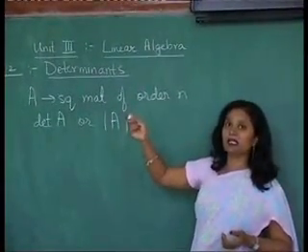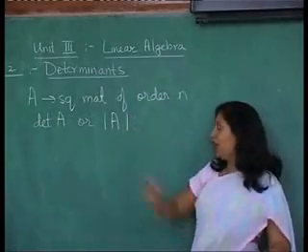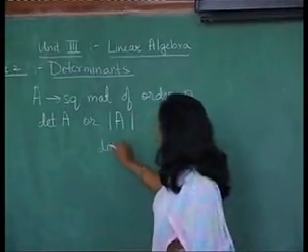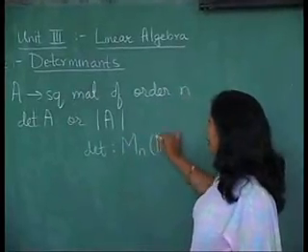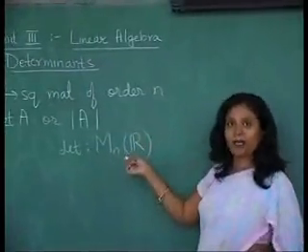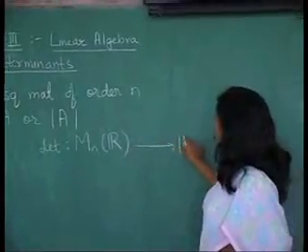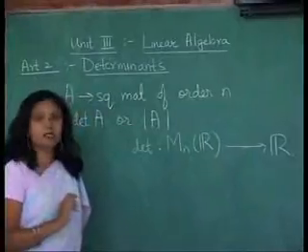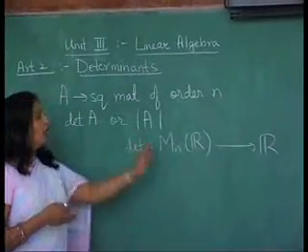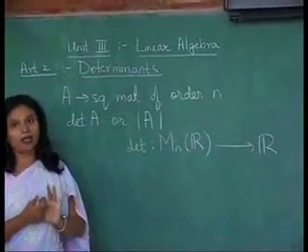Which number exactly is associated is a different story, but one can think of determinants as being a function from the set of all square matrices to the set of real numbers. In other words, the determinant of a matrix is nothing but a number associated with the matrix.